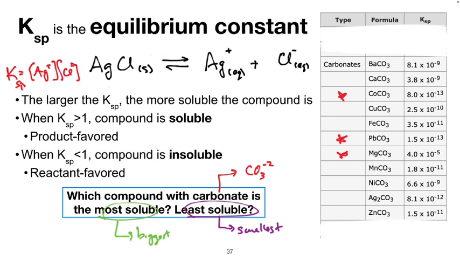If we're looking at the biggest KSP, where would we start evaluating our numbers? Should we look at the scientific part of it, or should we look at the power of 10 part of it? The power of 10, that's going to be our first approximation that we should want to jump to. So if we're looking at the biggest value, why did you not look at, say, well, we could make the argument that you didn't.